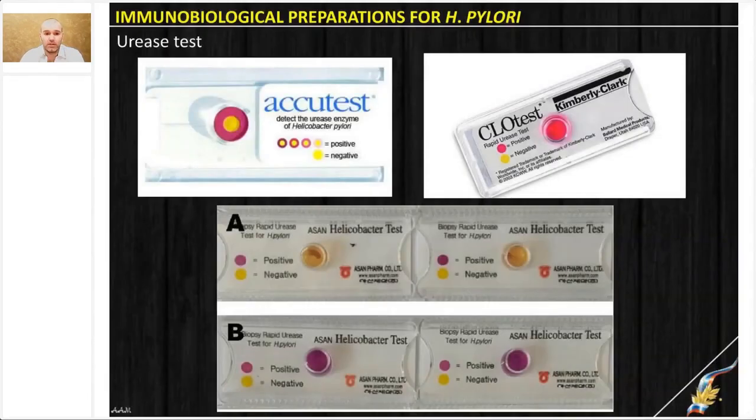So there is one rapid test for diagnosis of Helicobacter. It is known as a urease test. We have multiple companies and manufacturers producing that test, but the idea is almost the same.